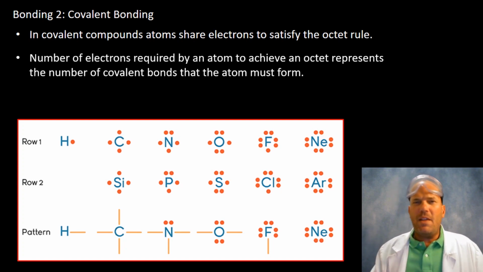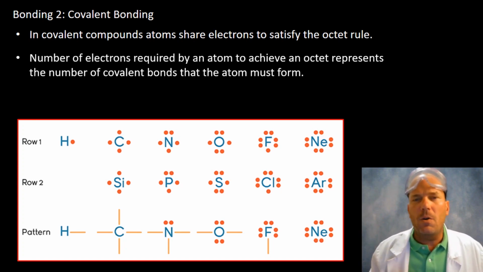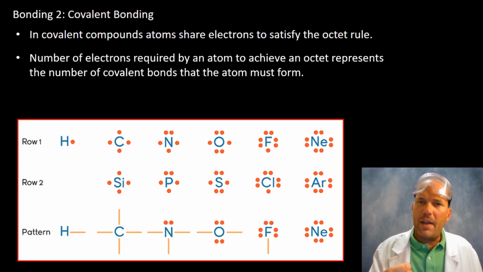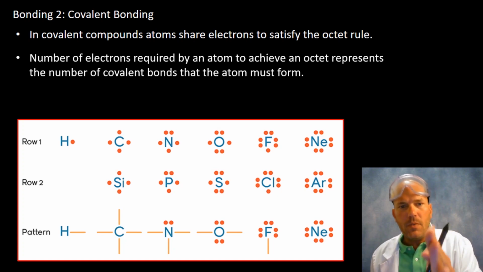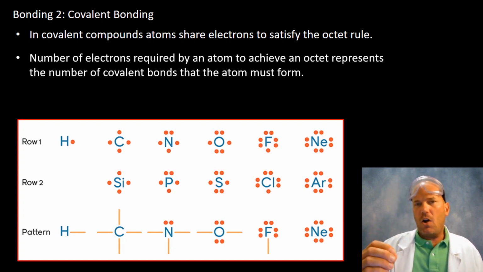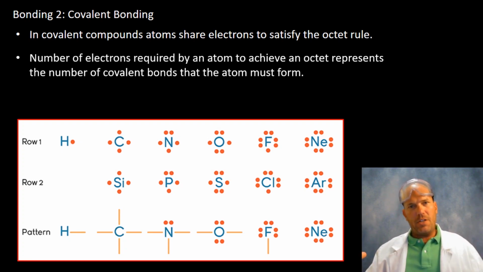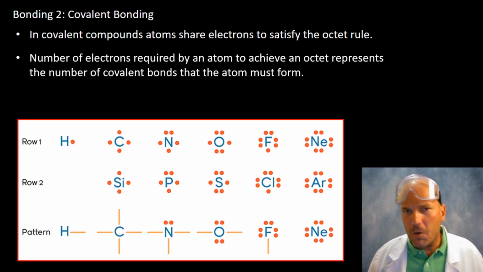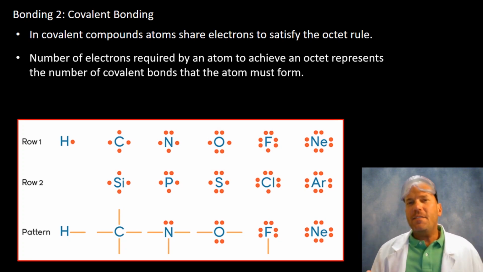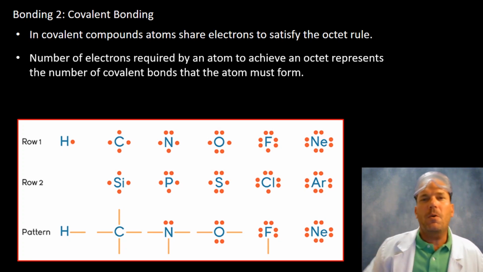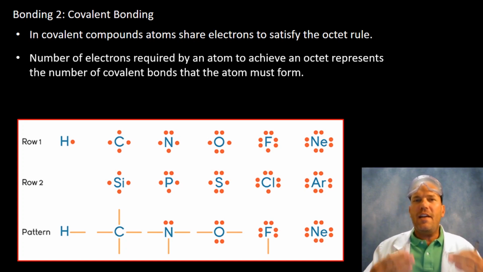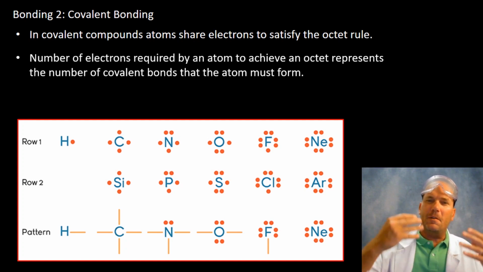Well, how many would it need to become more stable? 1 more. How many covalent bonds does it form? 1. Let's look at carbon. Carbon has 4 valence electrons in its outer shell. How many more would it need to satisfy the octet? It needs 4 more. So how many shared covalent bonds could it form?